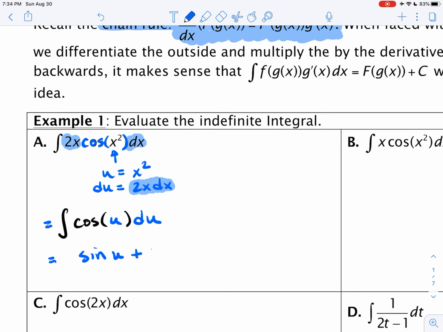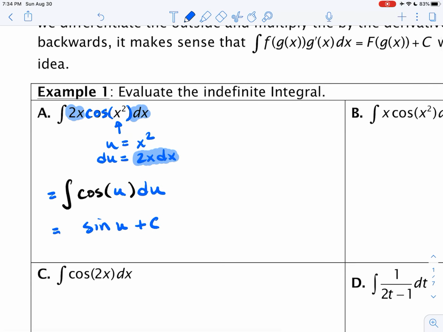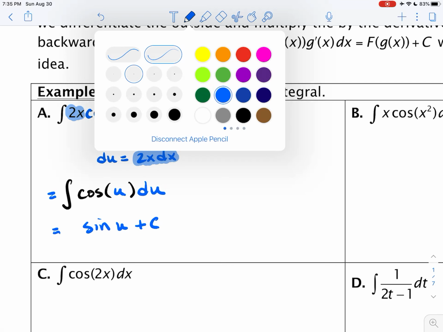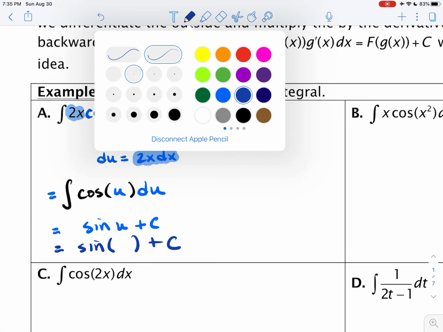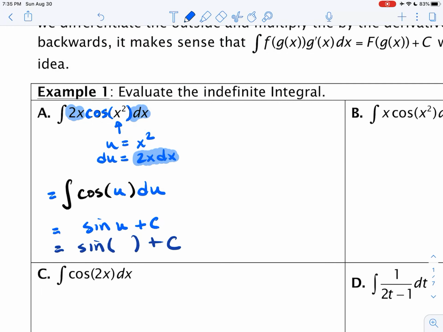This is an indefinite integral, so you don't want to forget the plus c. But because we start with an integral in x, we want to end with a function in x. So we want to back substitute. And that back substitution is going to be x squared. And that was a very basic one.